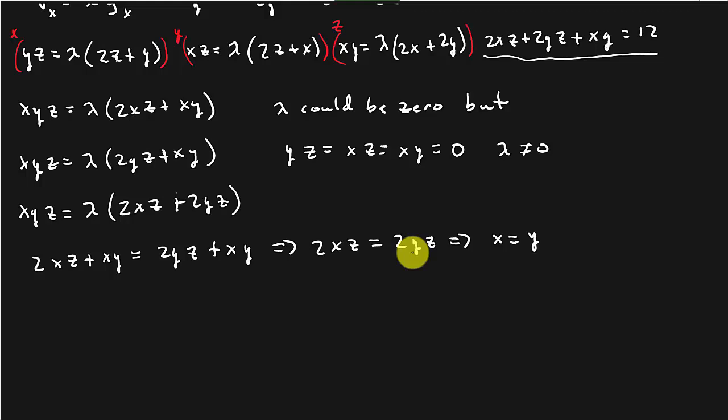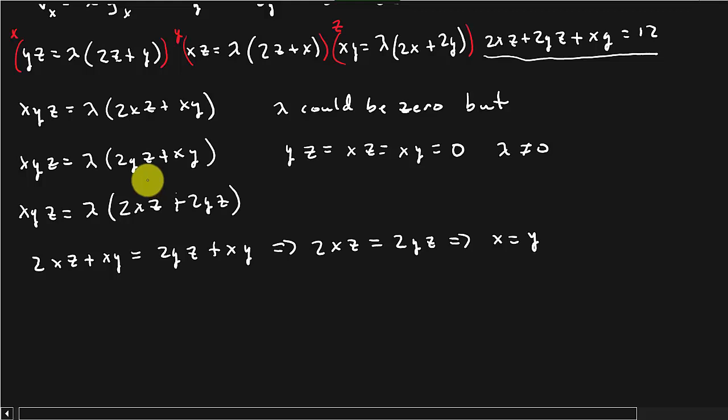So I've got x equals y. Now let's take the 2yz plus xy and set that equal to 2xz plus 2yz.